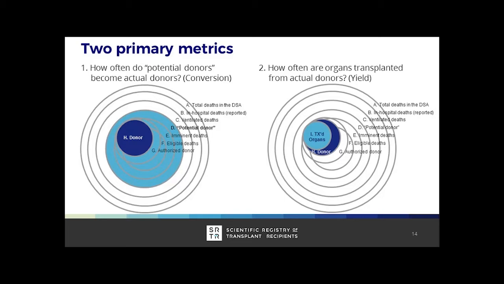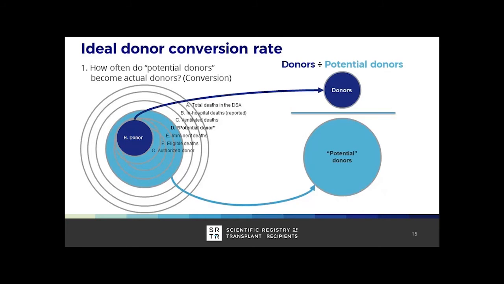And I'm going to walk through how we calculate these things today, and talk a bit about how maybe we would calculate them in the future if we had better data or more granular data available to us. So I'm going to start with this left one. How often do potential donors become actual donors? As I said, we can just take the ratio of these two circles.